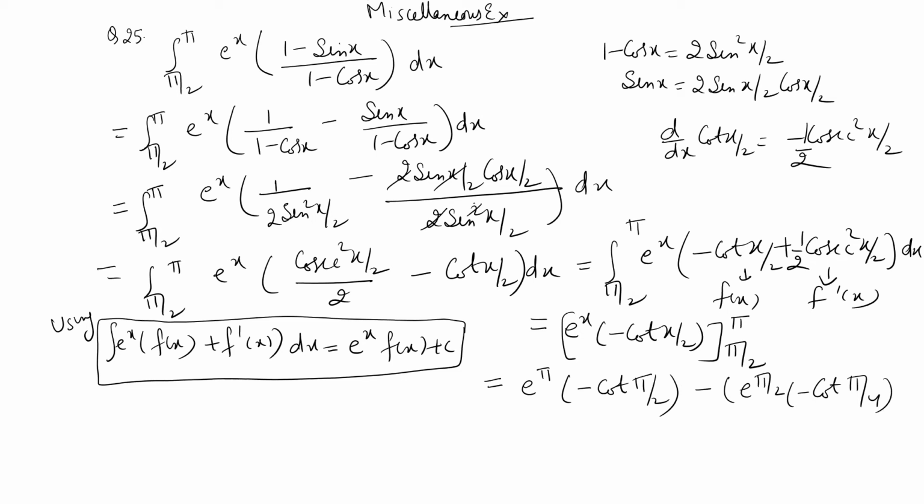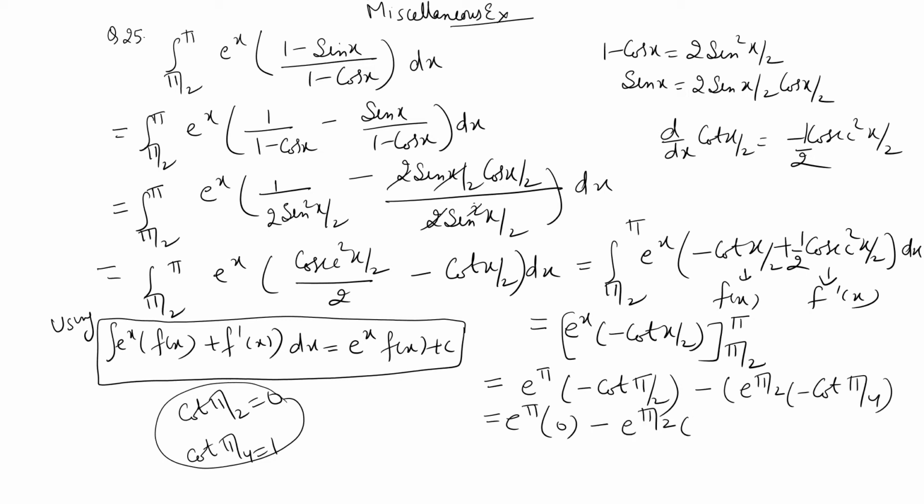Now what is the value of cot pi by 2? It is 0. And what is cot pi by 4? This is 1. So this will be e raised to power pi into 0 minus e raised to power pi by 2 into minus 1. So the first term reduces to 0 and the answer is e raised to power pi by 2.